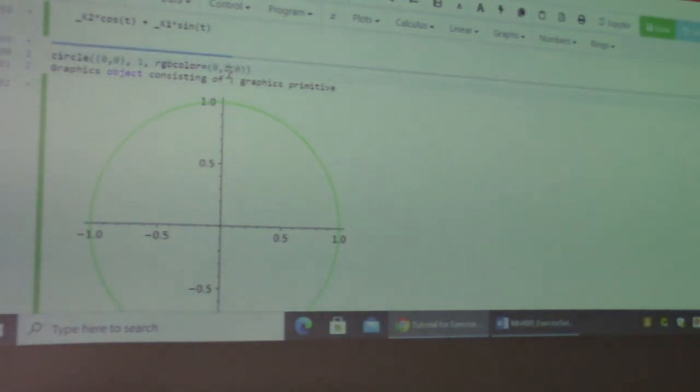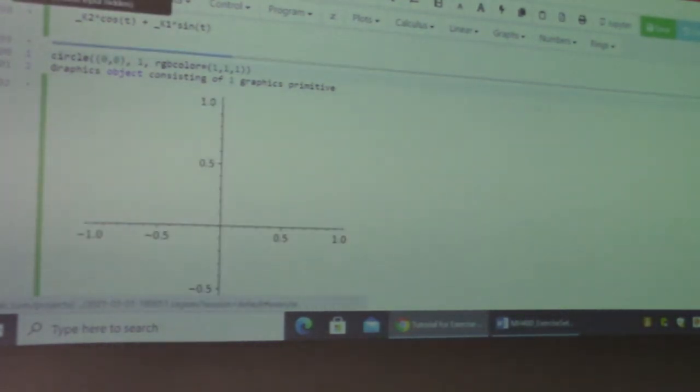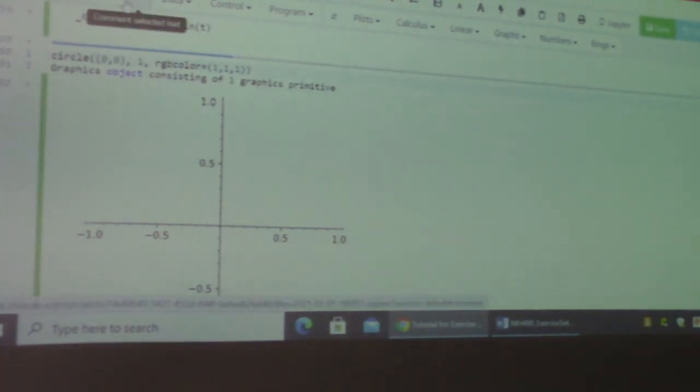If I do 0, 0, 1, it should be blue. And then if you take various combinations of those, you get other colors, right? Like what's 1, 1, 1? Oh no, it's gone. So white is all the colors, right? If you do red, green, and blue equal weights, then it's just white. So 1, 1, 1 is white, although I don't advise graphing in white on a background of white, especially in 2021.